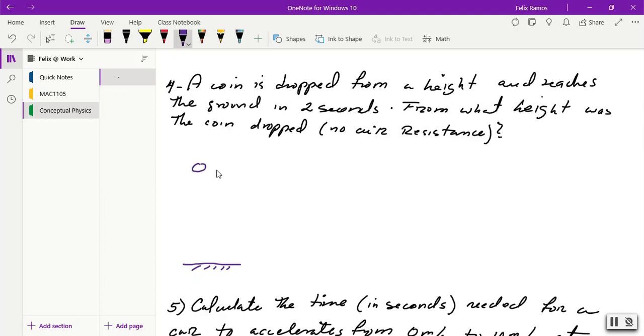I don't know the distance from the point at which I drop the coin to the ground. So h, the height, I don't know that, right? What I know is that the time it took for the coin to reach the ground was 2 seconds.